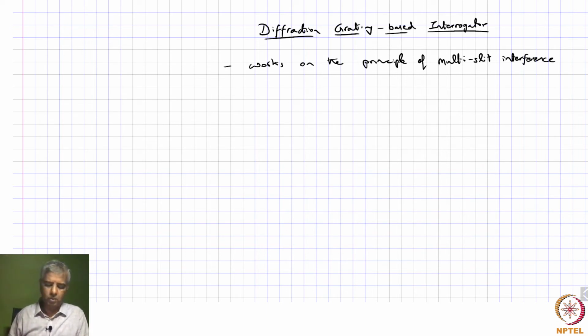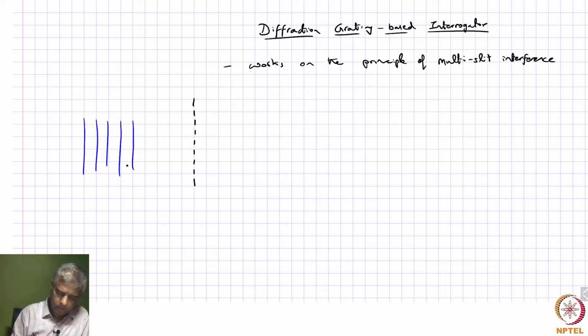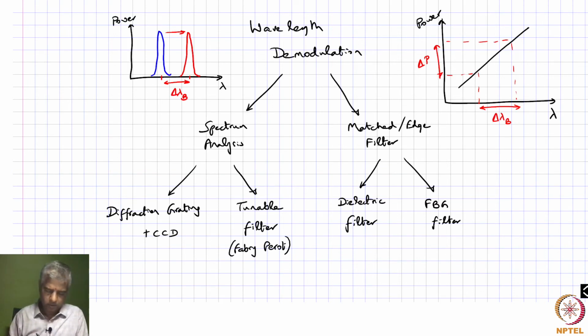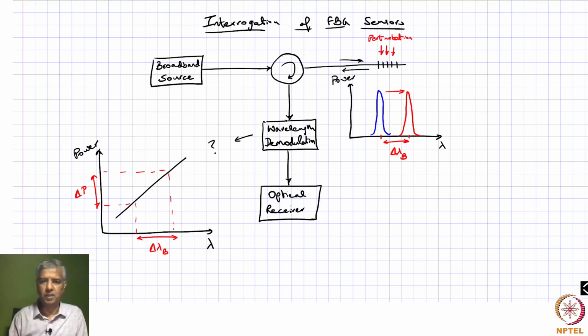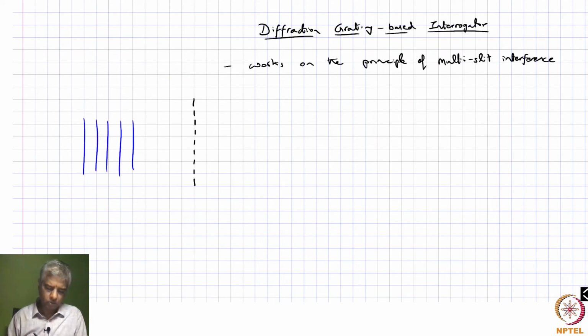Okay. So, what do we have in a multi-slit interference? Well, you have, let us say, a periodic arrangement of slits, and if you illuminate the slits with, say, plane wave radiation, right, mind you, what you get from an optical fiber, if it is a single mode optical fiber, is close to a plane wave, if you collimate that light from the single mode fiber.